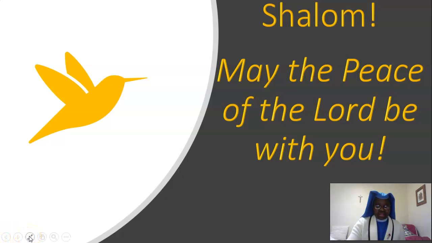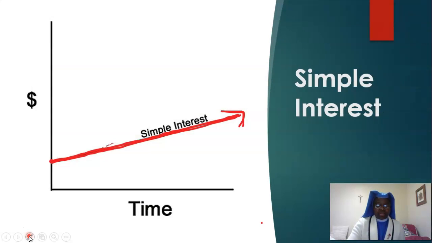All right, today in this video, we are going to look at simple interest. Simple interest is a linear function, a function of money over time. How much amount you gain if you invest some amount, how much you will gain over time.